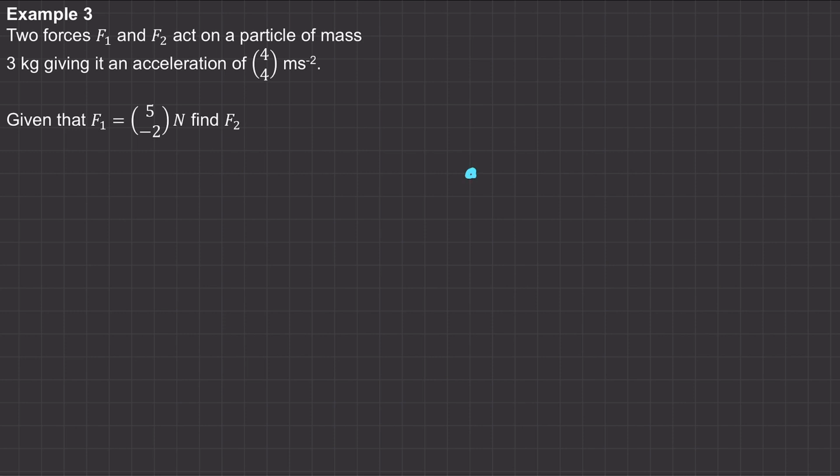We know we have F1 acting in this direction, so 5 across and 2 down, so something like this. This will be F1, 5, minus 2. There will be a second force that causes it to accelerate in the 4 direction, so something like this direction.